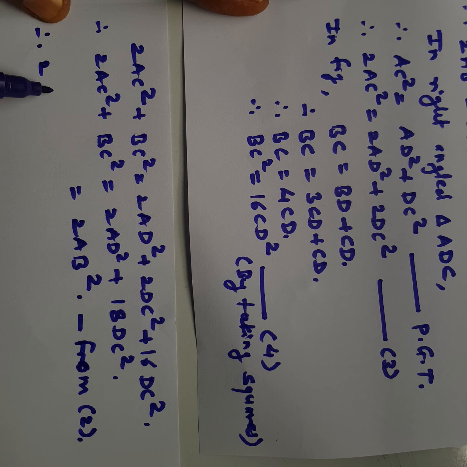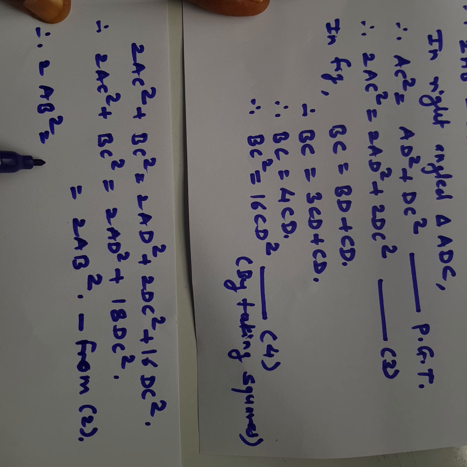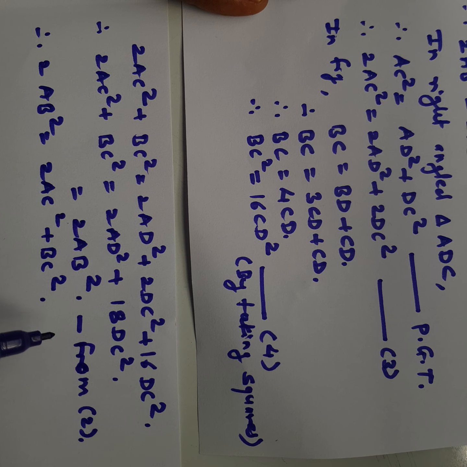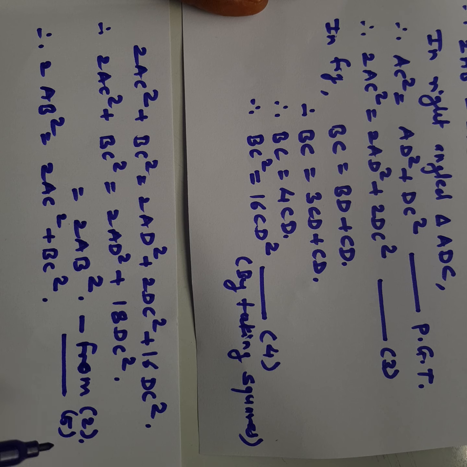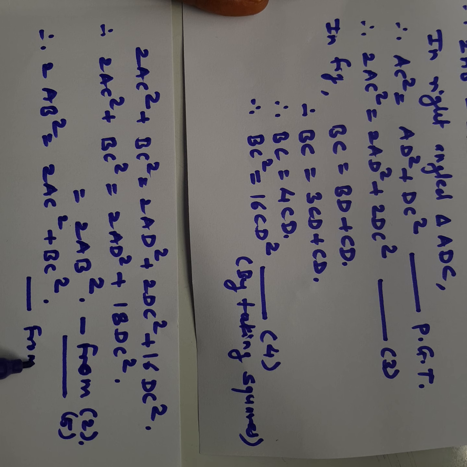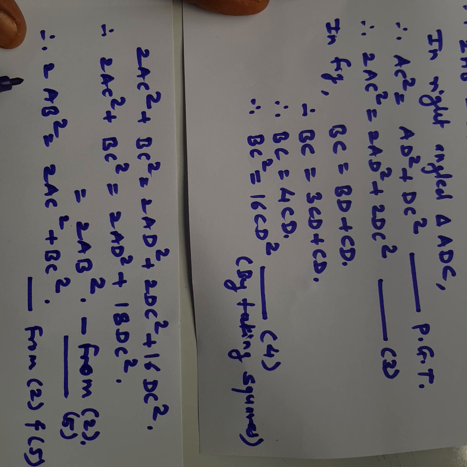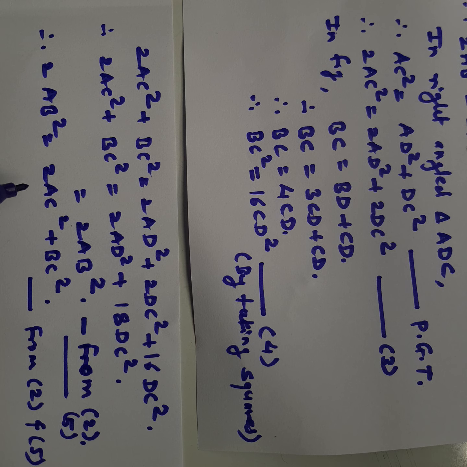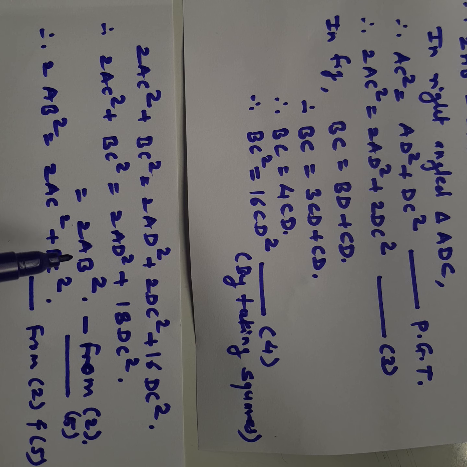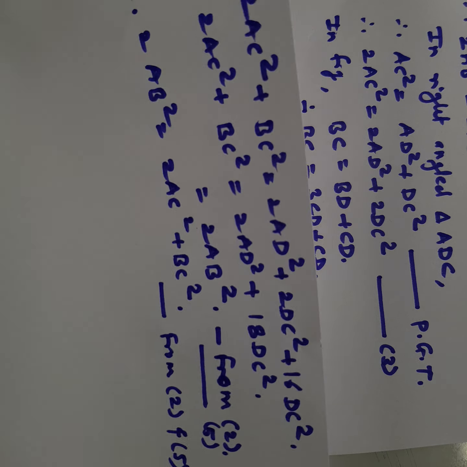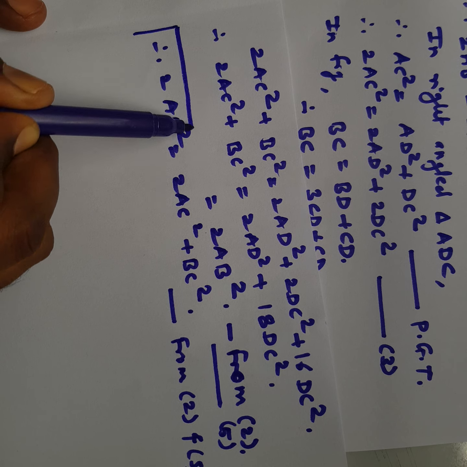Therefore 2AB square is equal to 2AC square plus BC square. We only change the side and we get our proof here.